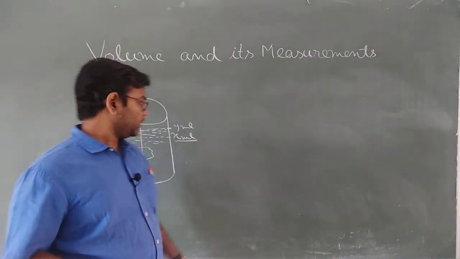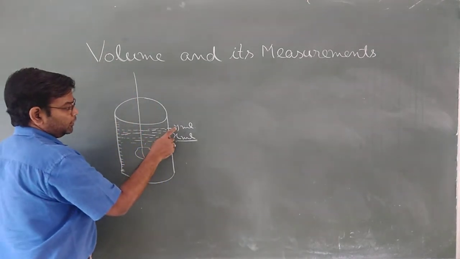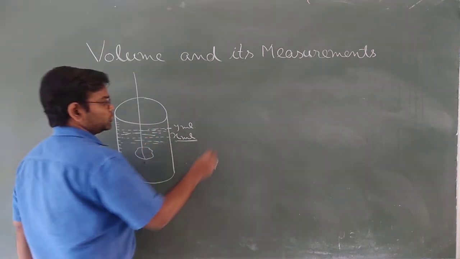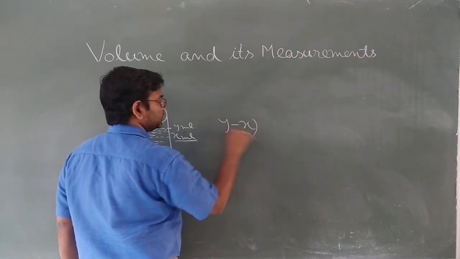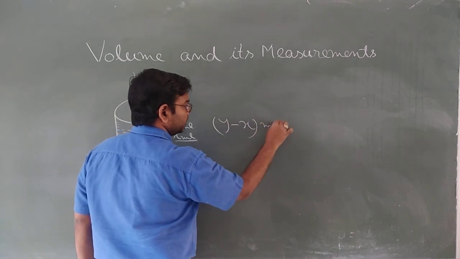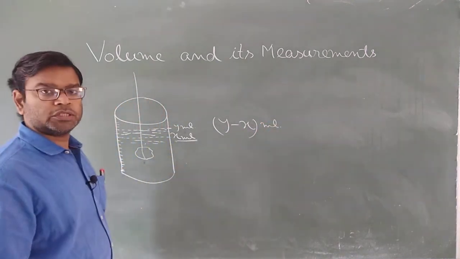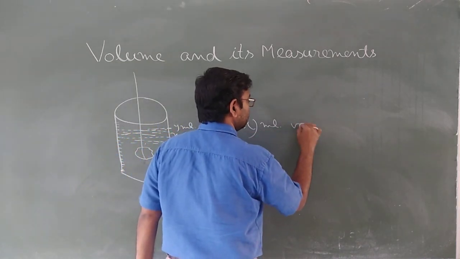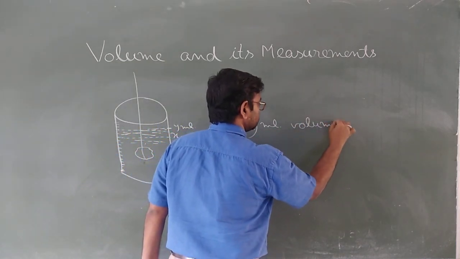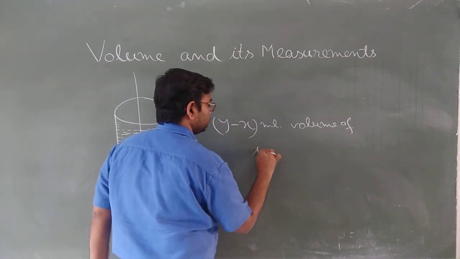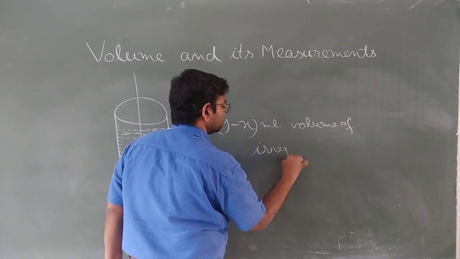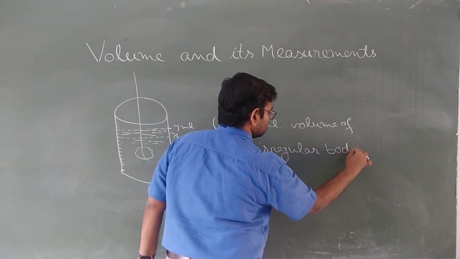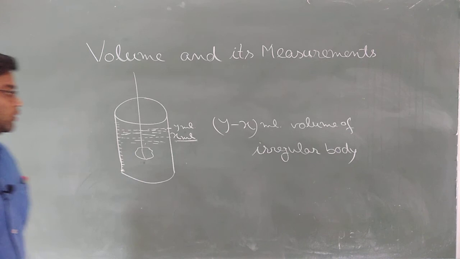Now, if we subtract, we get the volume of the solid. So y minus x milliliter, and you can use any unit, is the volume of the irregular shaped body. Hope this is clear to you.